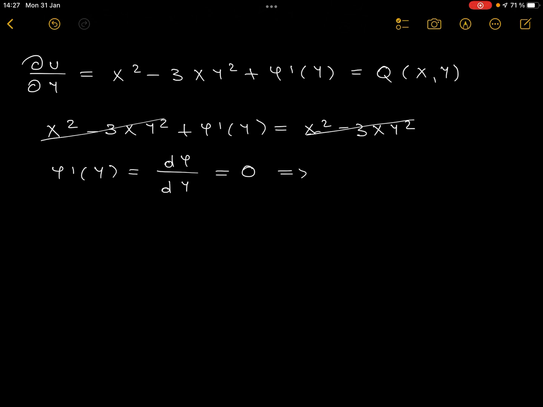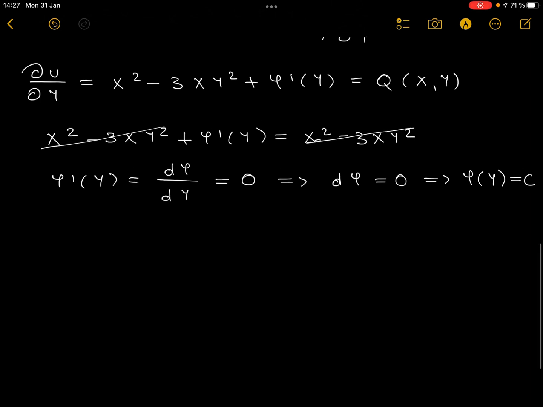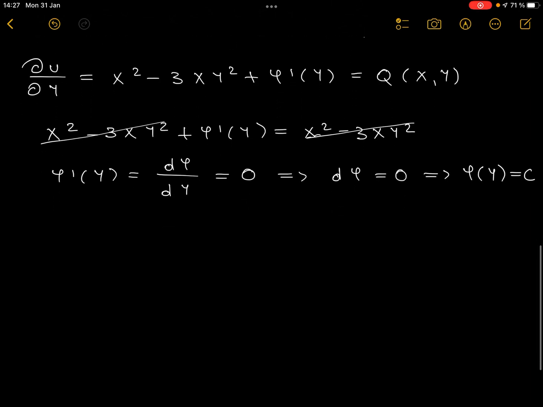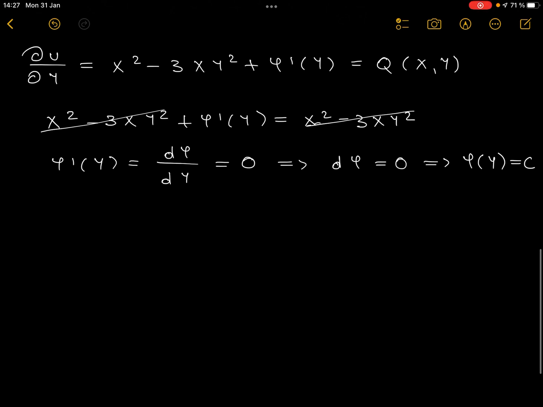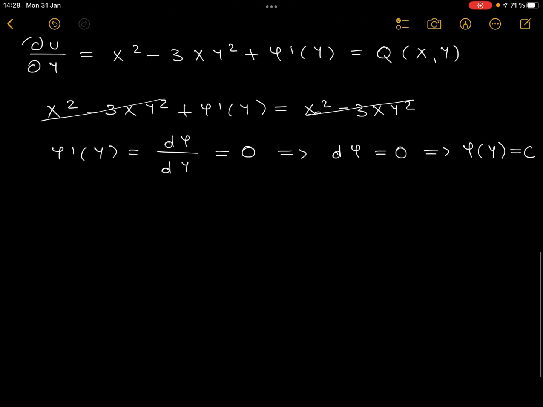That would imply that d phi is equal to 0. So phi of y isn't a function at all. It's just some arbitrary constant. We'll call it c.